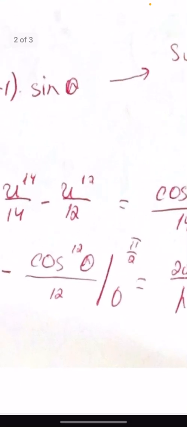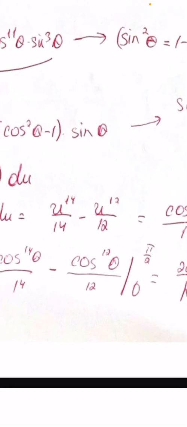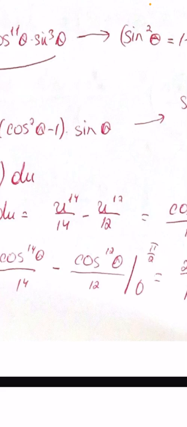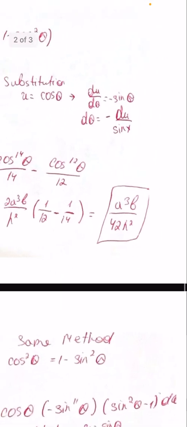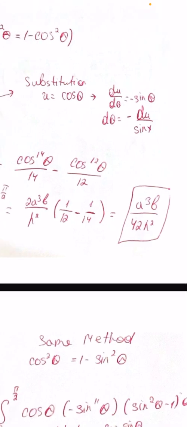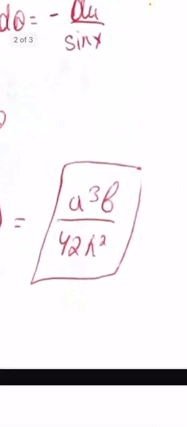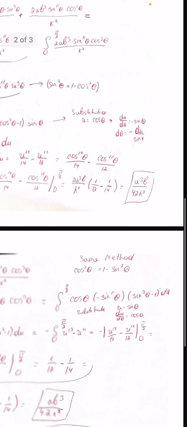We will put pi over 2 into the function and 0 and subtract them. So we will get 1 over 12 minus 1 over 14. We will multiply them with the constant we wrote here before, so we will get a cubed b over 42 h square.